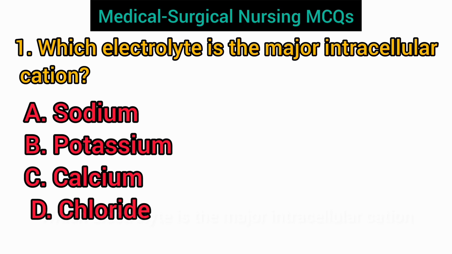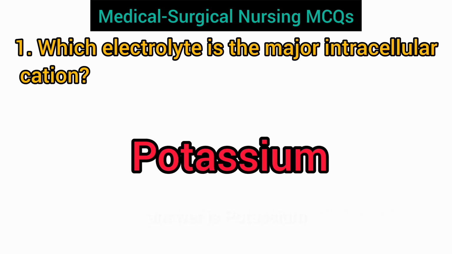Which electrolyte is the major intracellular cation? Answer is potassium.